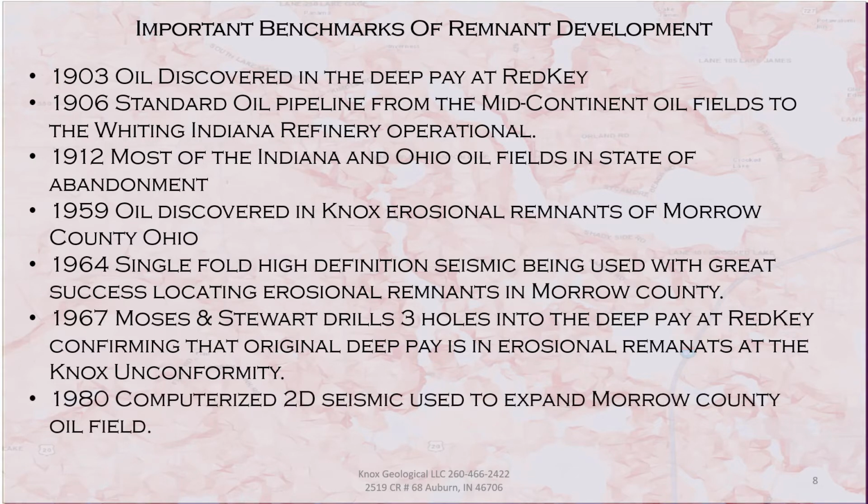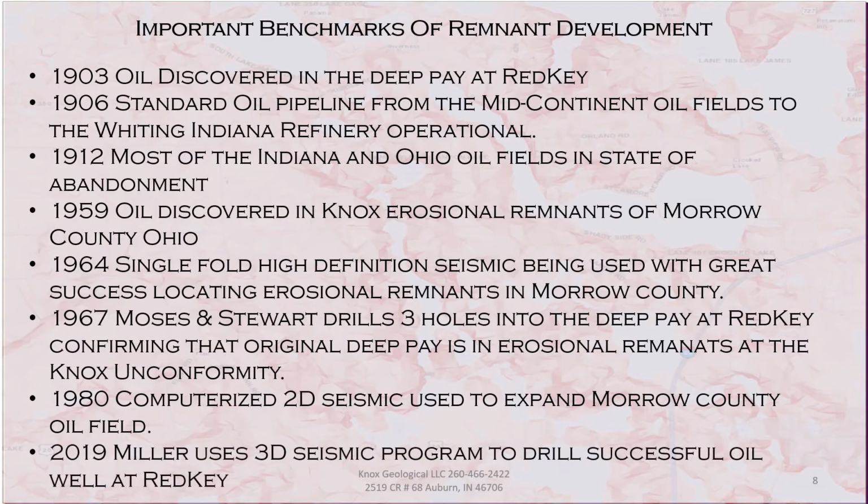In the 1980s, computerized 2D seismic is used to expand the Morrow County oil field to the east. And in 2019, Miller out of Michigan uses a 3D seismic program to drill a successful oil well back at Red Key. So we've made a full circle back to the original discovery of the Knox erosional remnants in 1903 at Red Key.